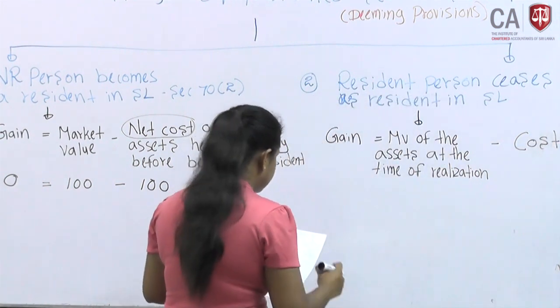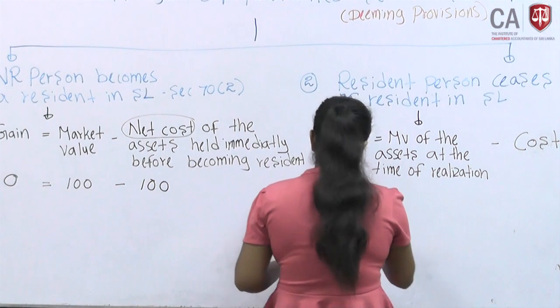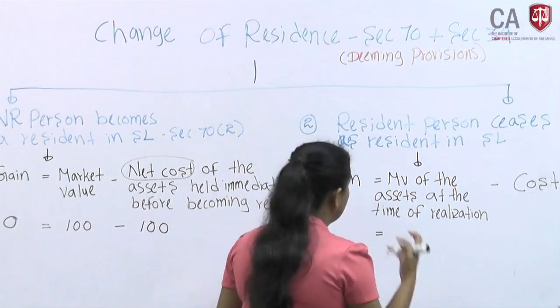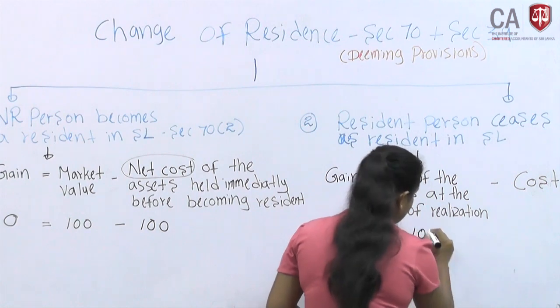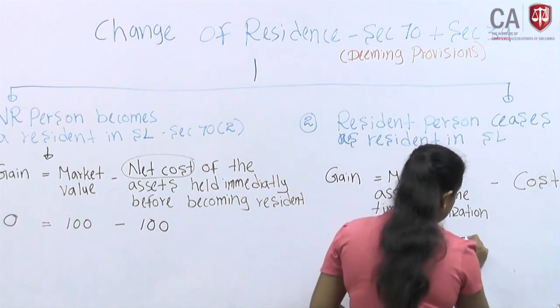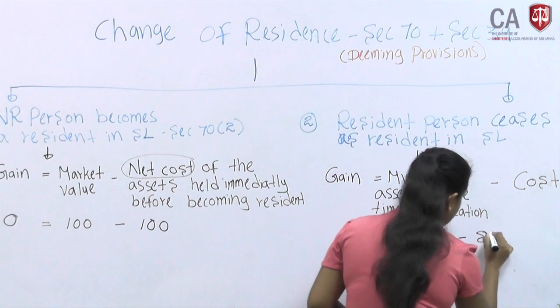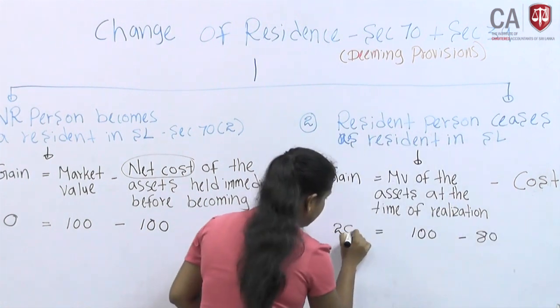If the market value of the asset at the time of realization is 100 and the cost of the asset is 80, there is a gain of 20.